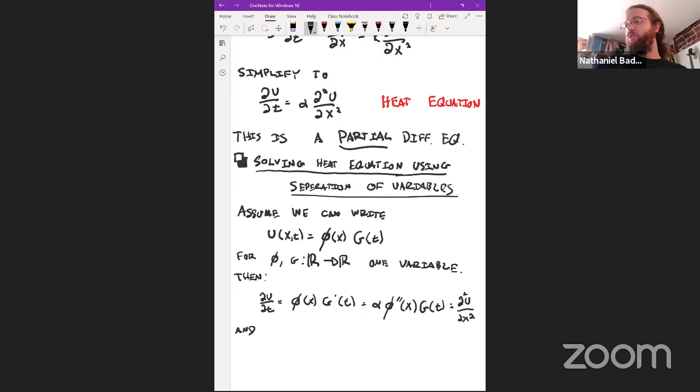And so then what we can do is rewrite this by pulling all of the x's over to one side and all of the g's over to the other side, right? So let's just rewrite this.